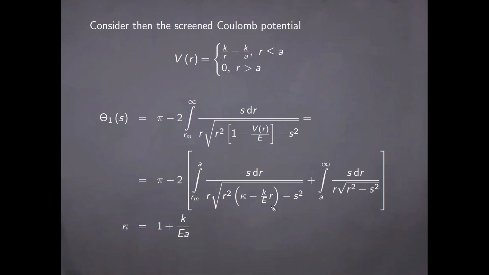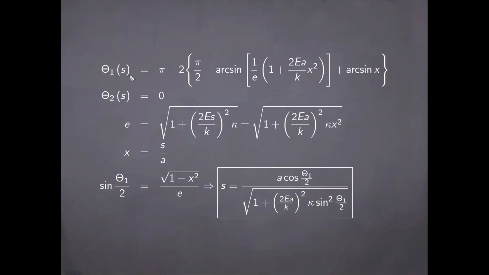Now, it is straightforward to carry out these integrals, and the result in the first case is the expression here, which involves a couple of new additional parameters, namely an eccentricity E given by this expression, or equivalently the one here, and both this one and the formula above also involve the parameter x, which is just the ratio between the impact parameter and the atomic radius.